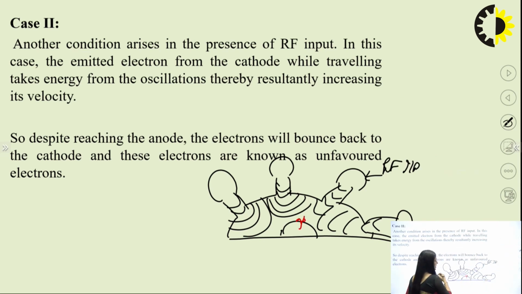I am calling it B. Now this electron, instead of delivering energy to the interaction space, will take energy. So it will take energy from the oscillation, and its velocity will be increased and it will come back to the cathode. This type of electron we do not require, because it takes energy from the interaction space and the overall energy of the system is going to decrease, and these types of electrons are called unfavored electrons, right?